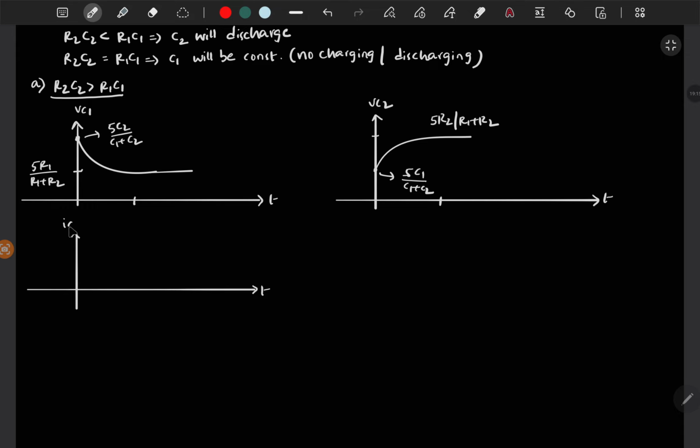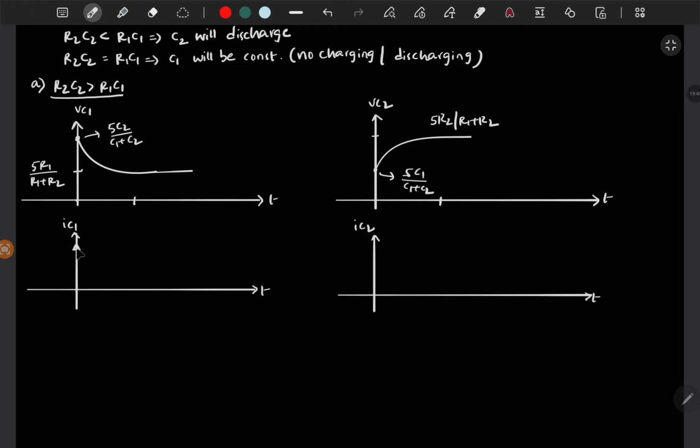If you draw IC1 and IC2, since C1 is changing from 0 to some voltage, you will get an impulse current in positive direction.